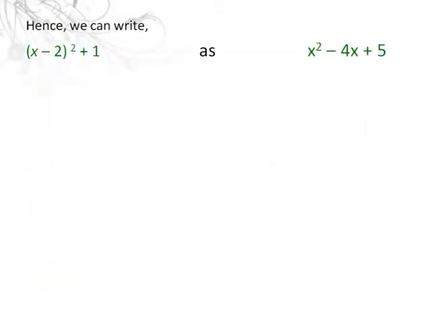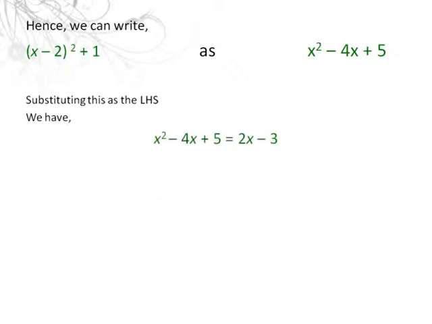Hence we can write x minus 2 whole square plus 1 as x square minus 4x plus 5. If you recall from a few seconds back, we just did this. Substituting this in the left hand side of the first problem, we have x square minus 4x plus 5 is equal to 2x minus 3.